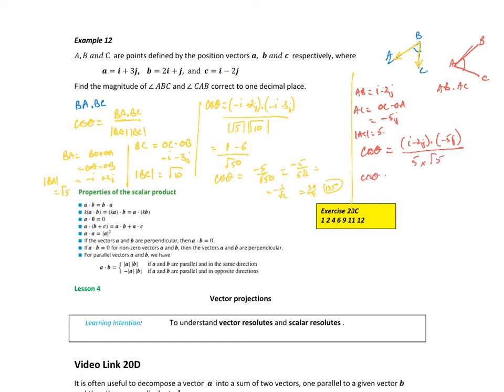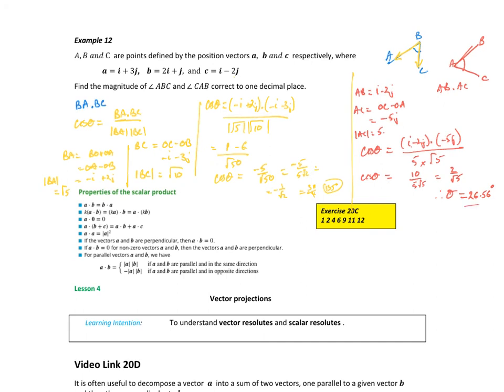So cos theta is equal to 1 times 0 is 0, negative 2 times negative 5 is 10, over 5 root 5, which is equal to 2 over root 5. We might need a CAS this time. Theta is equal to 26.56 degrees, 26.6 degrees to 1 decimal place.